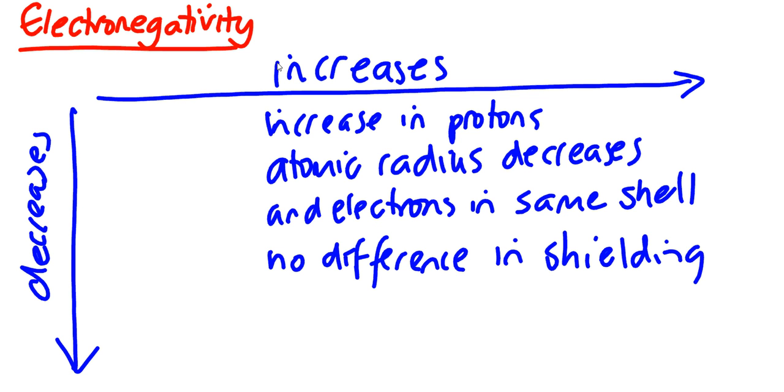We've got a new concept to learn, and the things that we're using to explain this concept, we've come across before. What was the concept that we've come across before that changed across a period, and we explained it in terms of putting more protons in the nucleus, but the electrons were going into the same shell, and there was no difference in shielding? Ionization energy.